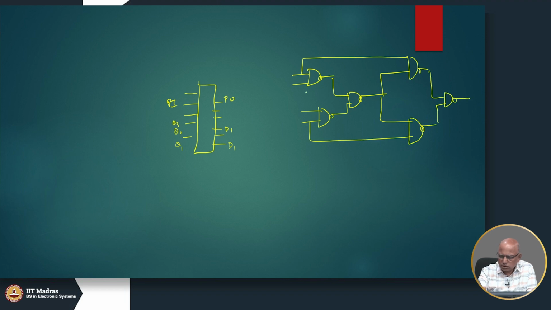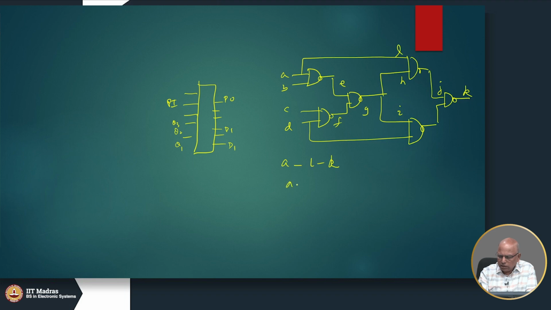If I call these A, B, C, D, then E, F, G, H, I, J, K. Then from A to K, we have this path. Let me call this L. So, A, L, K is one path.